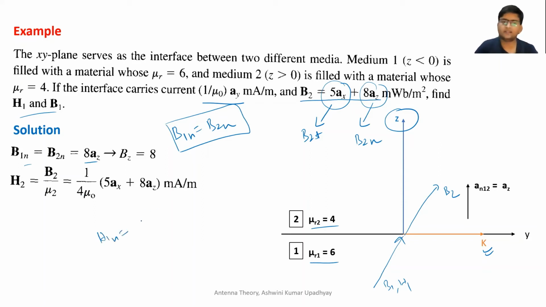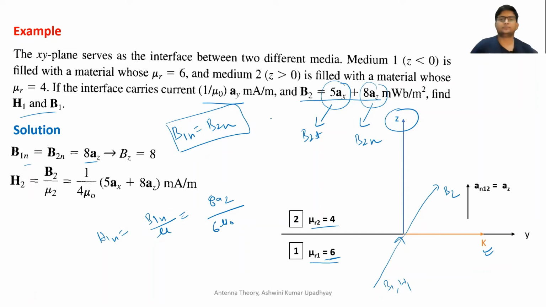And what is H1n? H1n is nothing but B1n divided by mu, which is equal to 8az divided by, what is the value of mu for this first medium, because we are talking about H1n, it is 6 mu naught, because the mu r value is 6. So this is your H1n.